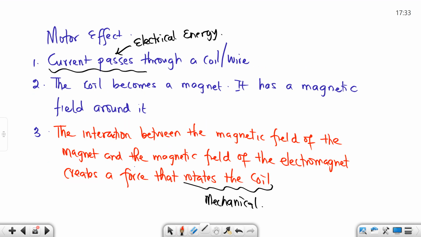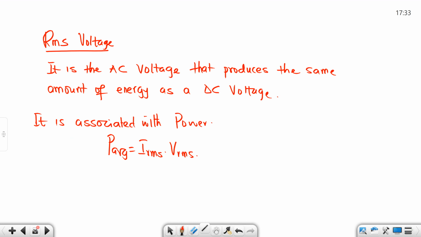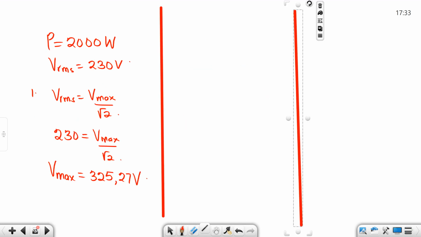Next calculation. What are we doing? RMS current and resistance. Okay, let me just break this board into two. Here we're looking for RMS current, and here we're looking for resistance. How would you get your IRMS?